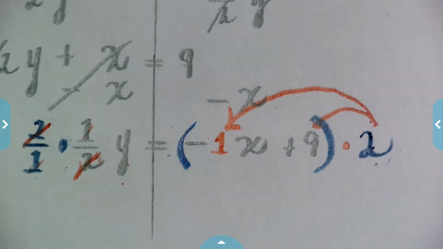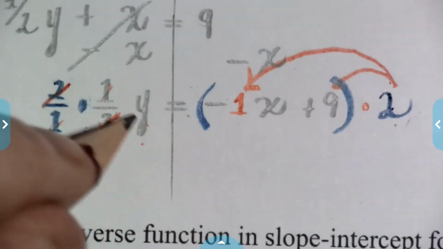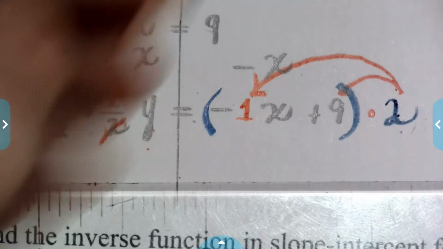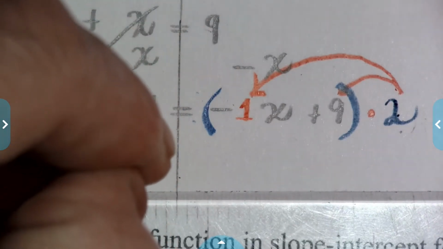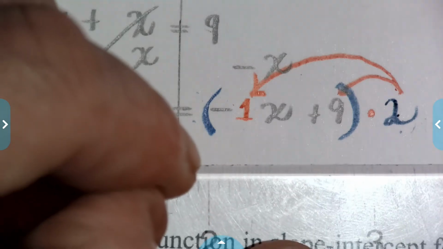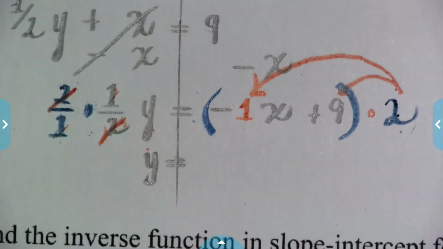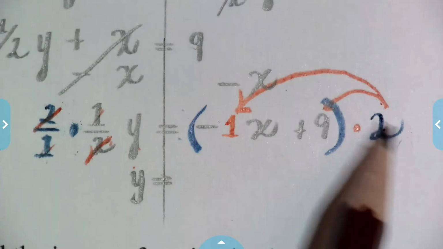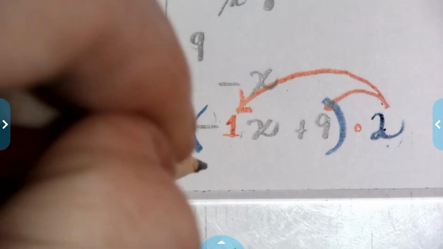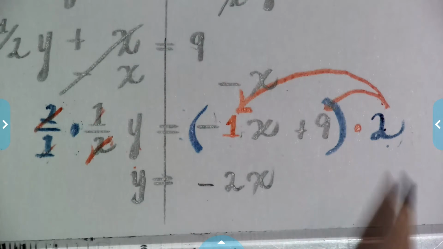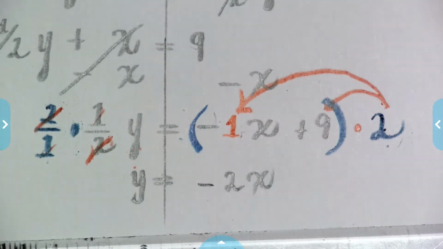All right, so we have y by itself. y equals, and then 2 times negative 1x is negative 2x, and 2 times 9 is 18, positive 18.